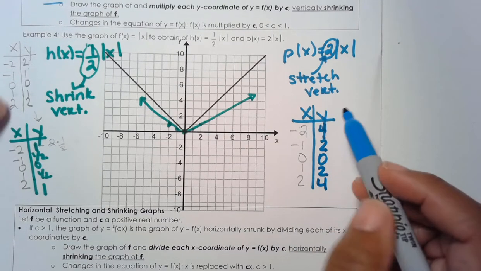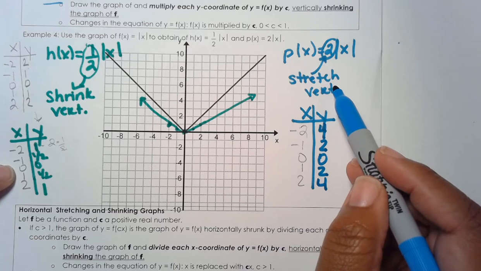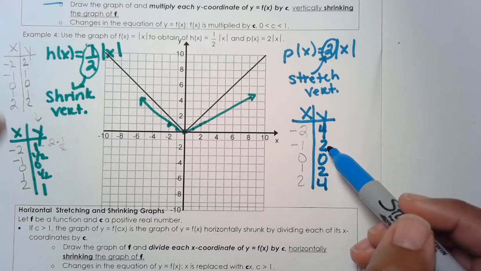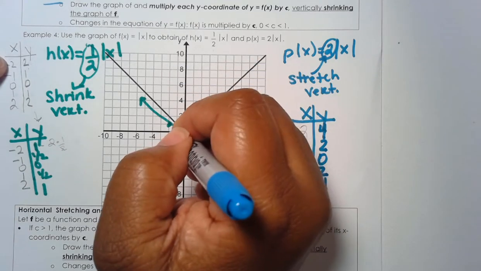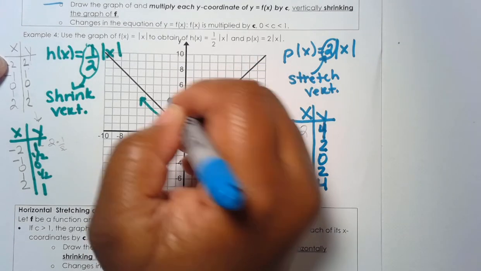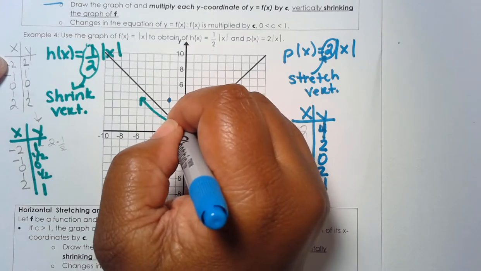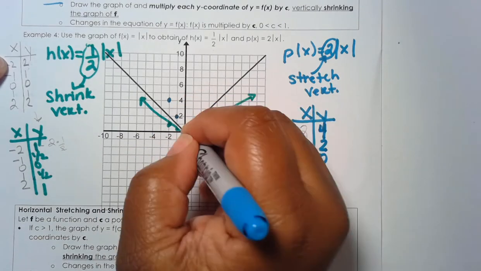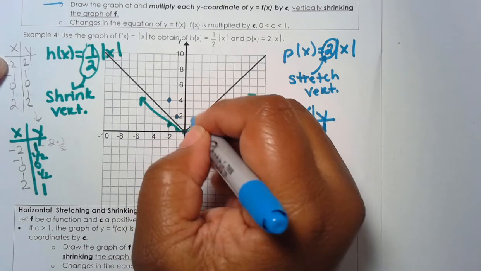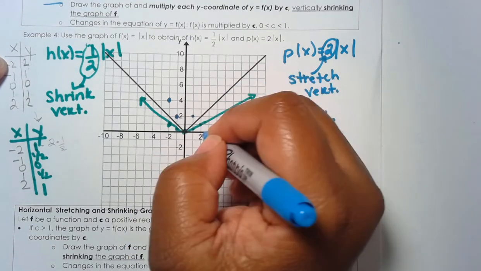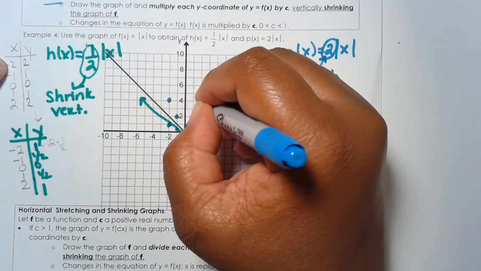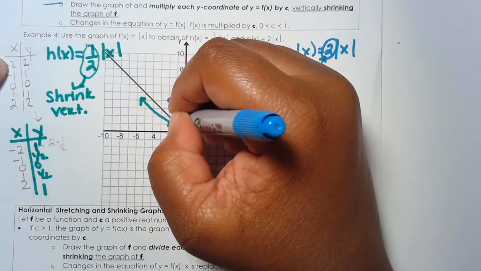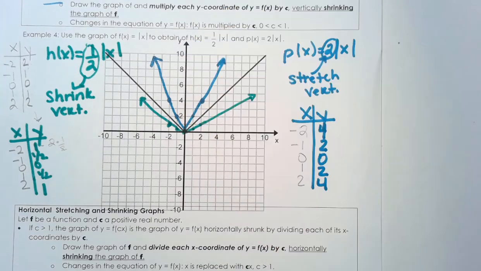So notice that when it says stretches vertically, our y coordinates from our original graph become larger. So when we plot these, we have negative 2, 4. We have negative 1, 2. 0, 0. We have 1, 2. And we have 2, 4. So it stretches vertically.